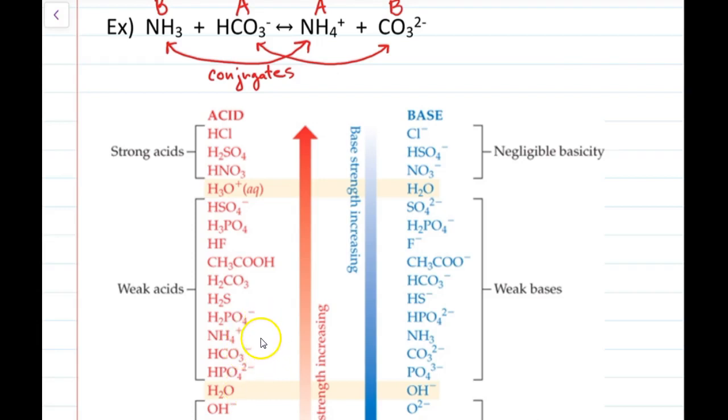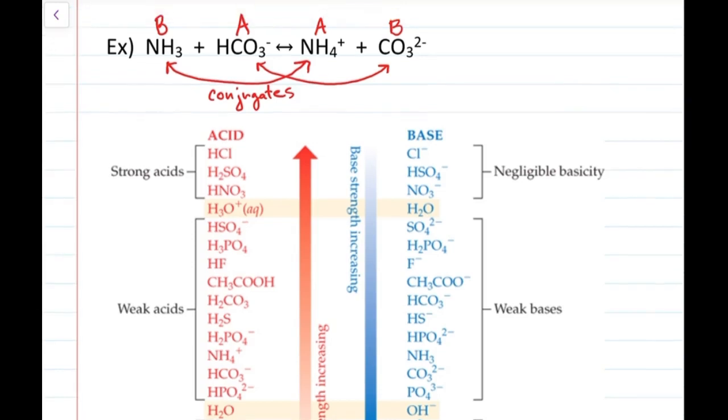So if I compare my two acids in this equation, hydrogen carbonate is right here, and ammonium is just above it. That means that ammonium relative to hydrogen carbonate is at least slightly stronger. So I'm going to label that SA, and I'm going to label the hydrogen carbonate WA, meaning stronger acid, weaker acid, just relative to each other.